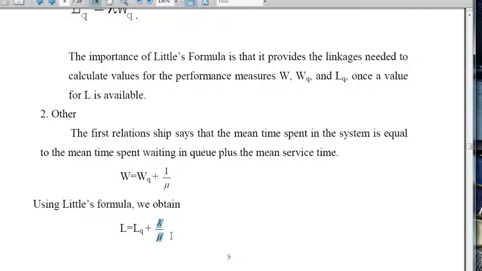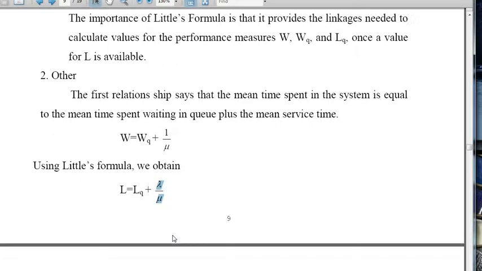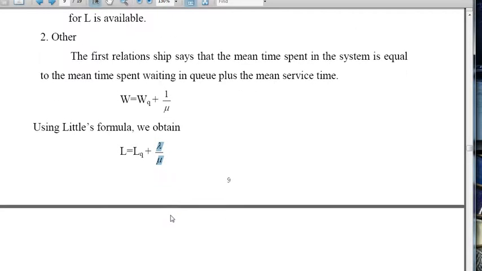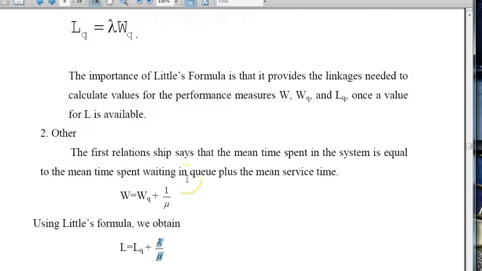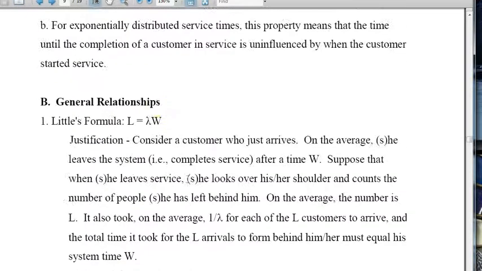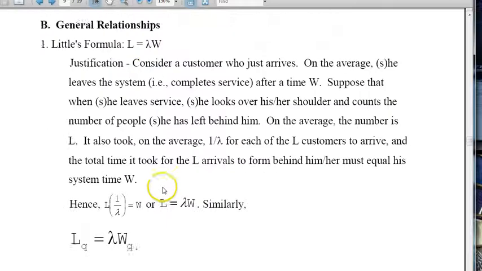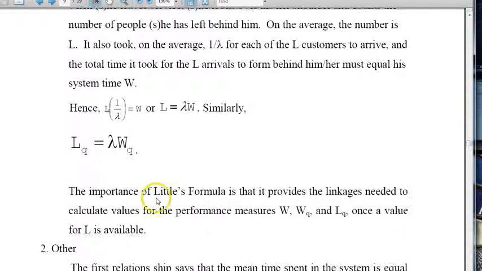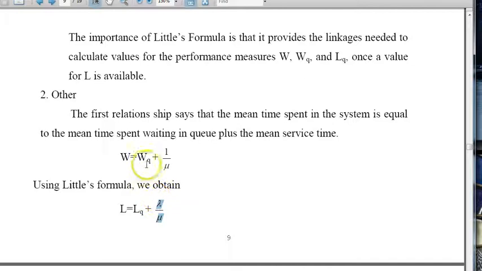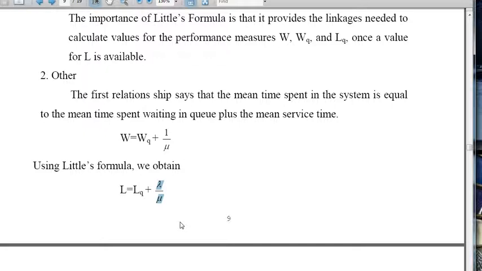And that's true also in general. So if I can find one performance measure, I can find the rest of them from those three relationships: Little's formula, L = lambda W, or Lq = lambda Wq, which is the same relationship; W = Wq + 1/mu; and L = Lq + lambda/mu. So these are very useful general relationships that apply to all queues.